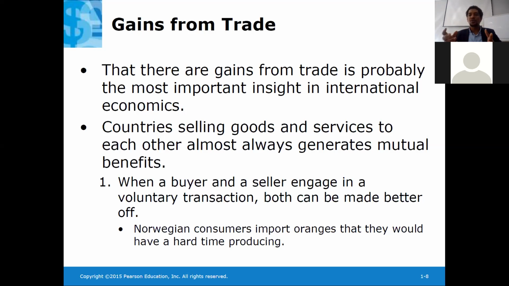So Korea has to import those fruits that are not produced in Korea and also export fruits that are not produced in the US, for example, or in the Philippines or in Vietnam. So this trade benefits both the buyer and the seller.